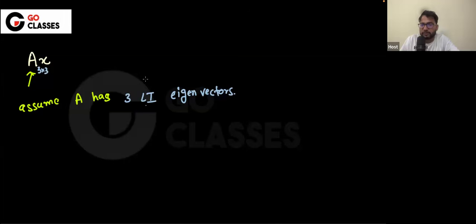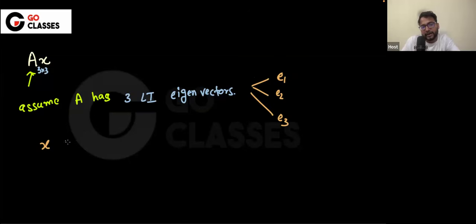Since it is 3 cross 3 and has 3 linearly independent eigenvectors, now you tell me, can I write this X? Suppose these eigenvectors are E1, E2, E3. These are not standard basis vectors. These are the eigenvectors. Suppose A has some eigenvectors, right?